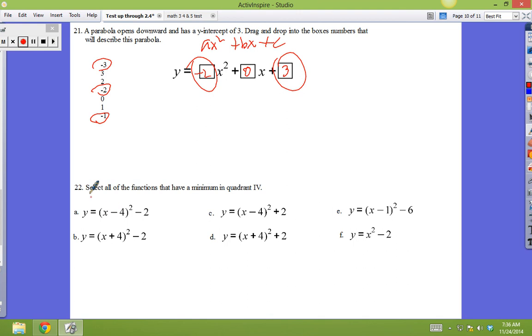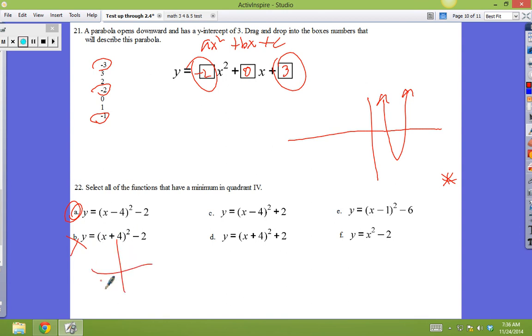Okay, 22, you can go through each of them, graph them in your calculator, and see which one has a minimum in quadrant 4. Quadrant 4 is this one right here. If it's going to have a minimum, it needs to open up. So it has to look something like that. A will work, because if you go 4 to the right and down 2, then it opens up, so A works. B does not, because that goes 4 to the left, down 2. B will end up down here somewhere.